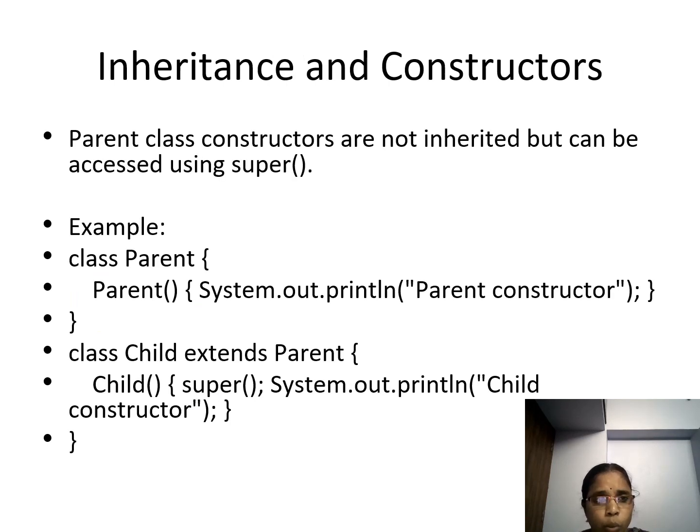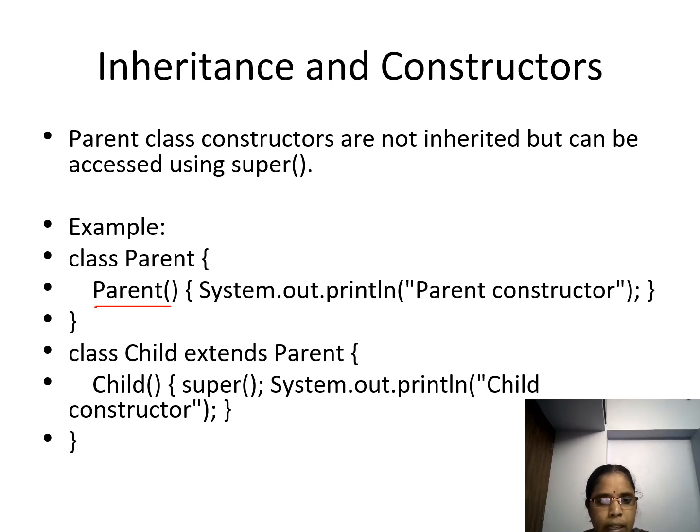Next, how we can use the constructors in inheritance. Parent class constructors are not inherited, but they can be accessed using the keyword called super. Here see the example. This is the parent class, and this parent class has the constructor called Parent.